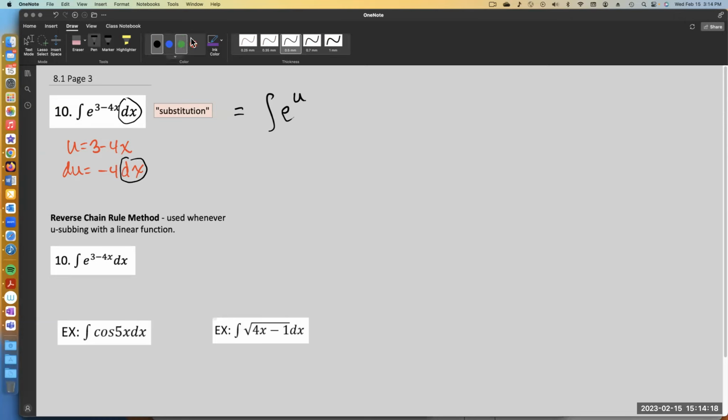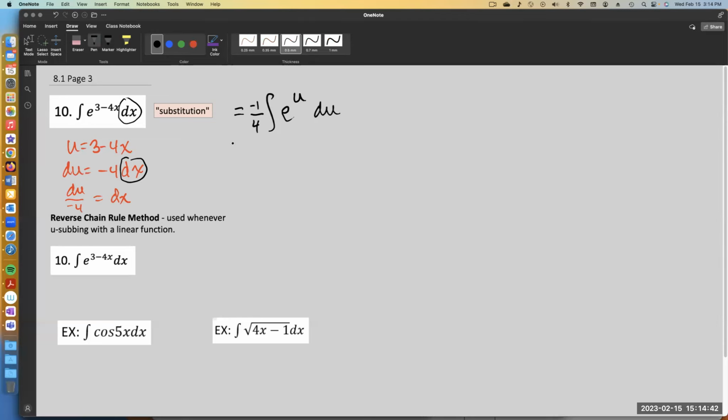To replace that dx, we are going to have to isolate dx. So we're going to divide both sides by -4. And there, now we have an expression for dx. So du over -4 is going to go in here. And usually we put that constant right out in front. We're dividing by -4, so that means multiplying by -1/4.